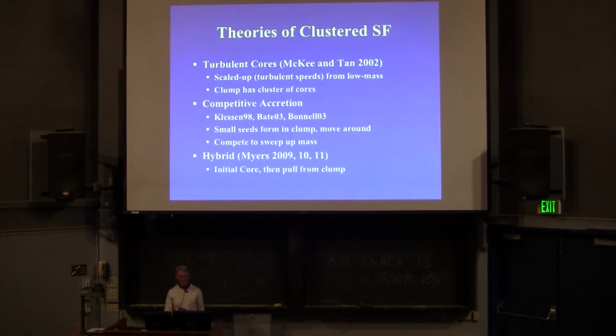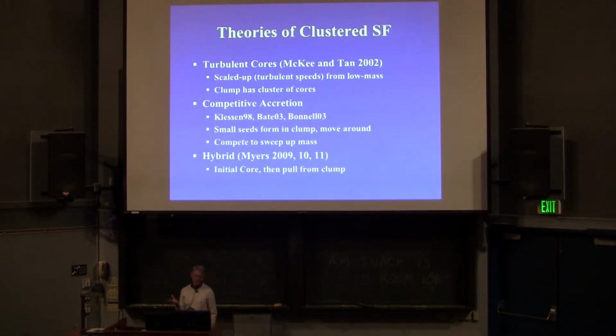So the clump has a cluster of these cores. And the mass function of these cores has to somehow connect to the mass function of stars. A totally different picture developed by Ralph Klessen and followed up by people like Bate and Bonnell is that it operates through a process of competitive accretion. You make small seeds in this clump and they move around and compete to sweep up the mass.